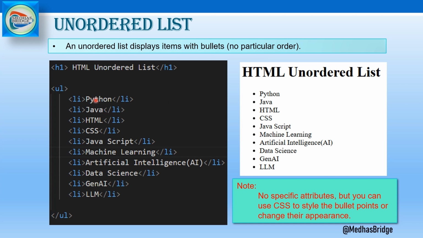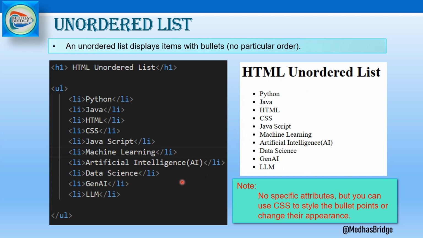For example, I have listed here programming languages: Python, Java, HTML, CSS, JavaScript, machine learning, artificial intelligence, data science, Gen AI, LLM. There is no specific order in which I have to list these. So those kinds of things I enclose in a UL tag. UL means unordered list. This is how it displays on a web page.